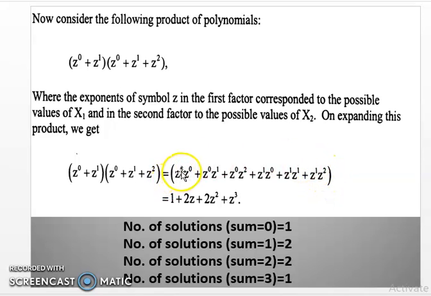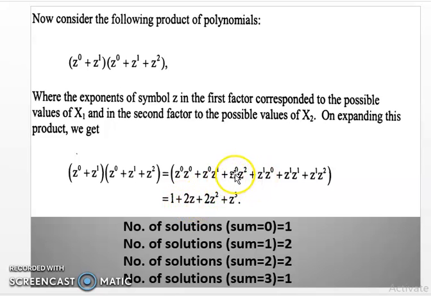Anything raised to power 0 is 1. Therefore, z^0 is 1, and 1 times 1 is 1. Plus z^0 is 1, so 1 times z^1 is only z. Similarly, z^1 times z^0 is only z. So this z plus this z is 2z.